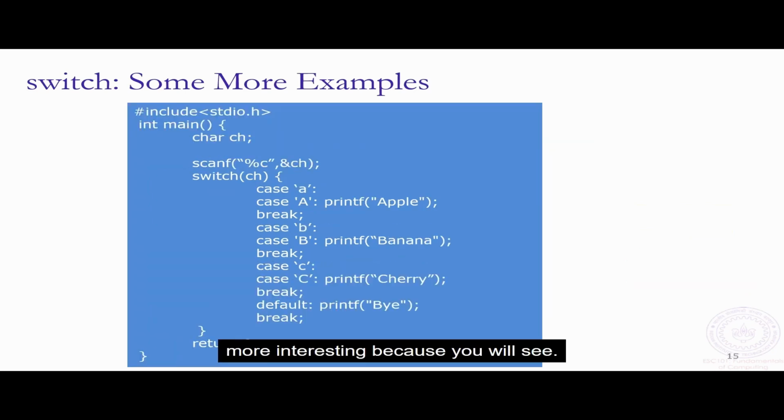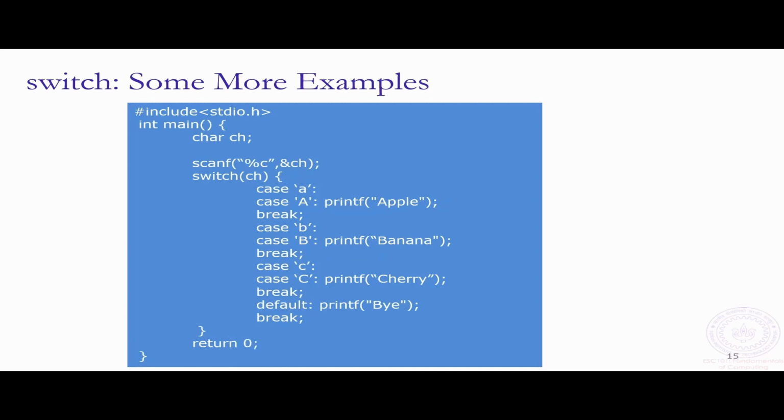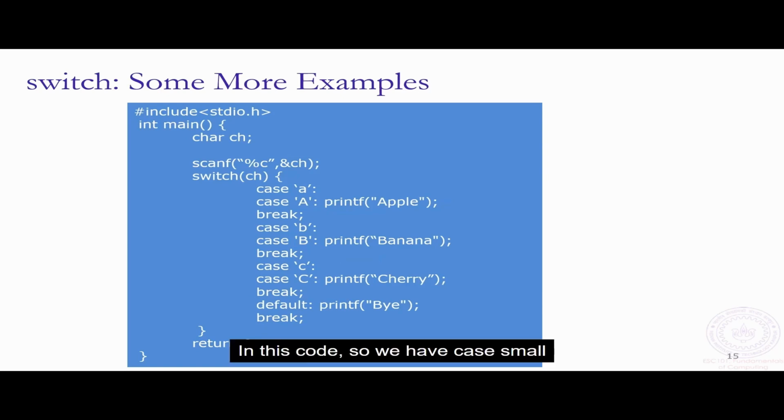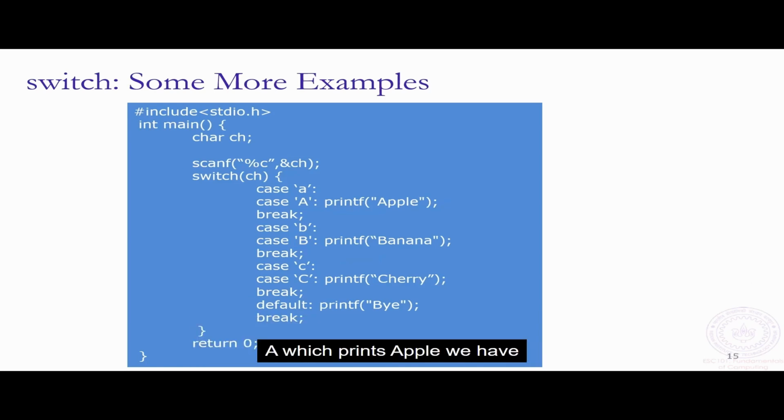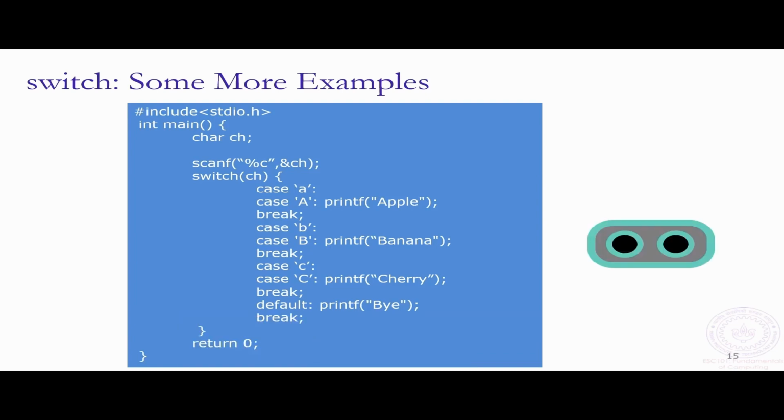Now this is a little bit more interesting because you will see that we have multiple empty cases in this code. So we have case small a, which is empty. Then we have case capital A, which prints apple. We have case small b, case small c, and we have corresponding capital cases with some print statement.